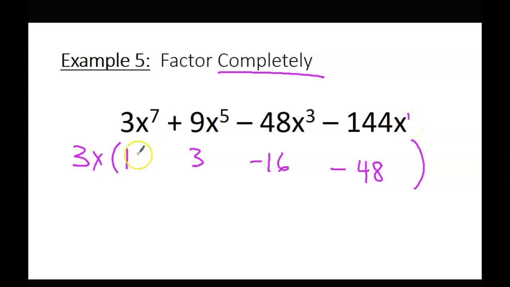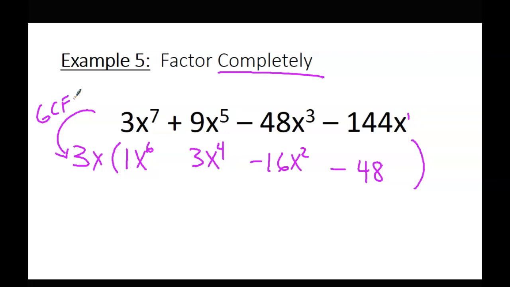So if I take out 1x, what's going to be left here? X into X to the 6th. How about here? 4x. Here? And then no x at all, right? Okay, so that's factoring strategy number 1. GCF. Now, after that, we go to our branch, right?